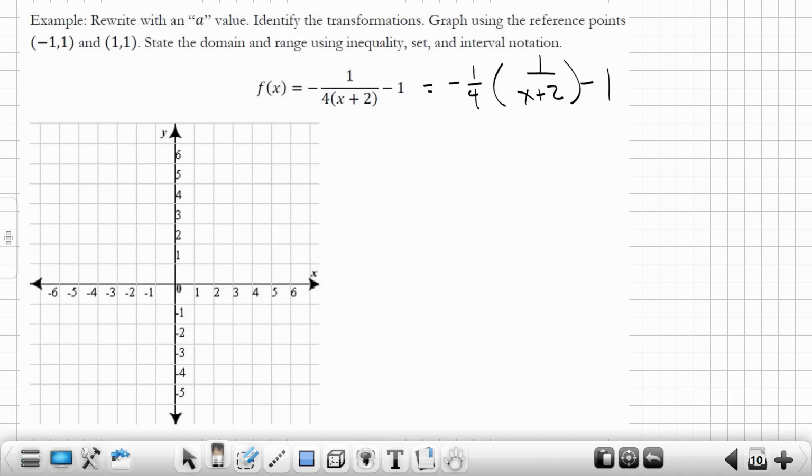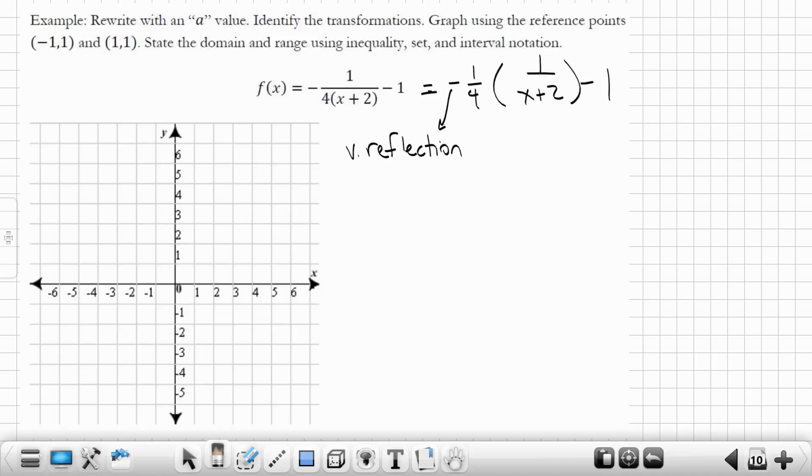So we're going to describe all the transformations. First thing, and now the two people who are new, that negative, guys, what's the negative do? Vertical reflection. So first of all, that negative sign is a vertical reflection. That's where that came from. 1/4, is that bigger than or less than 1? Less than. So what's it going to be?